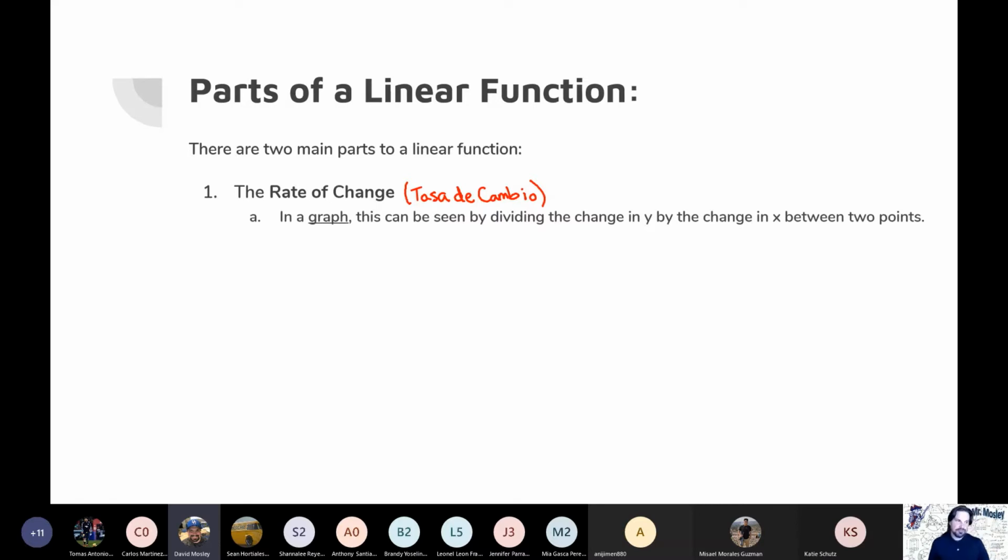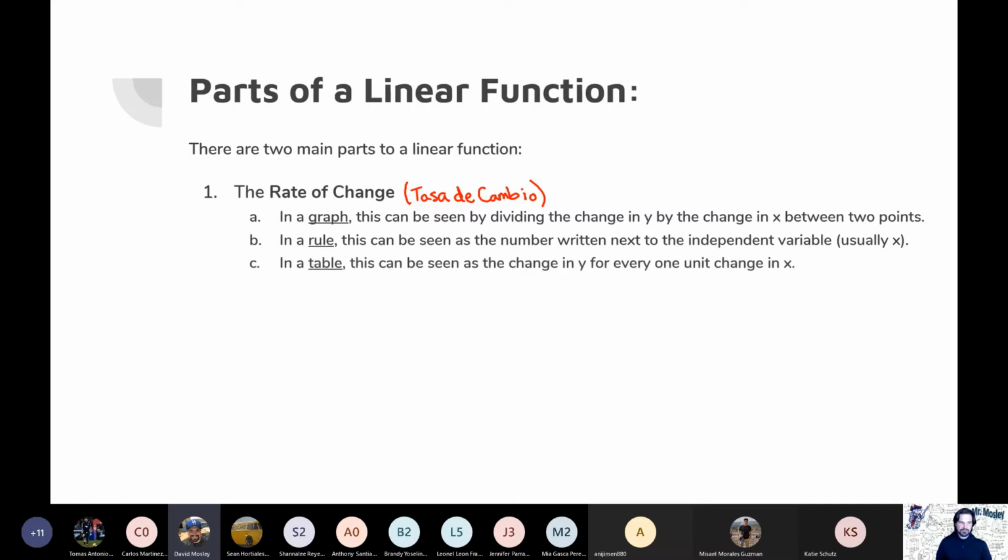In a graph, this can be seen by dividing the change in y by the change in x between 2 points. In a rule, this can be seen as the number written next to the independent variable, usually x. In a table, the rate of change can be seen as the change in y for every 1 unit change in x.